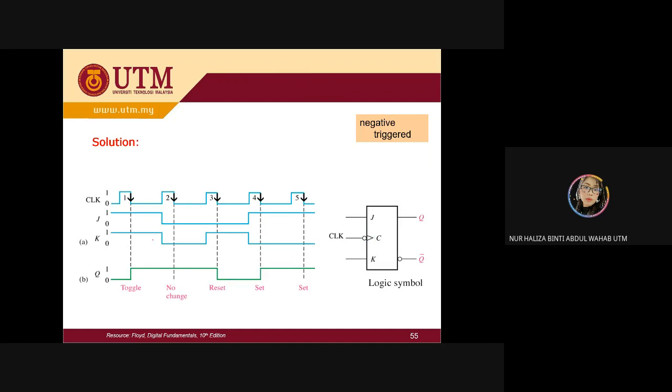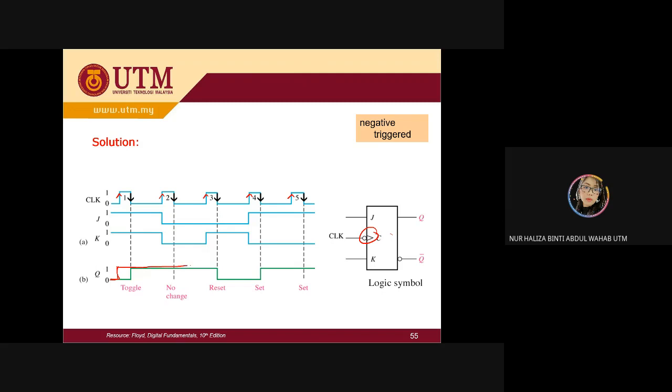And you cannot change at this side, okay? You cannot start from this because this is positive. You need to trigger only at this side. Although maybe your answer is similar, because you can see you only make changes at the positive side, although it already shows you it is a negative.